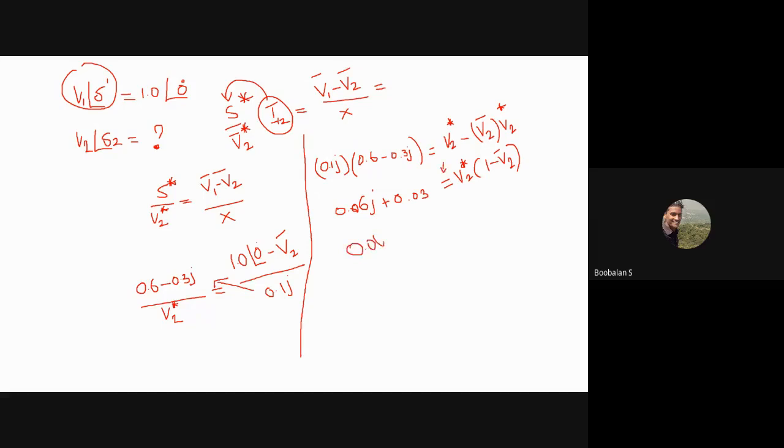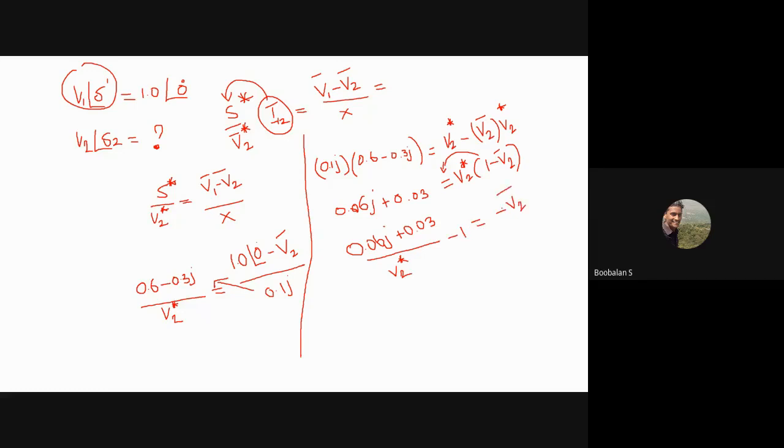I'm going to bring v2 to this side, so 0.06j plus 0.03 divided by the complex conjugate v2 star, and I'm also bringing this one over here to my left side, it is now minus 1. On my right side it will be v2.